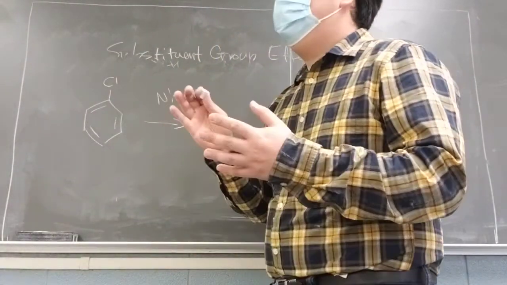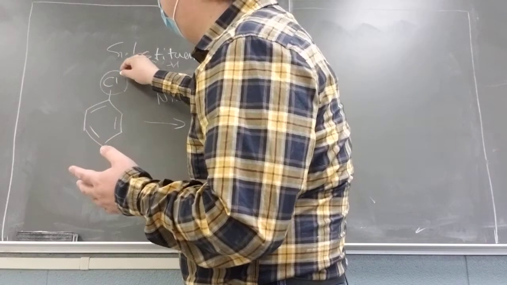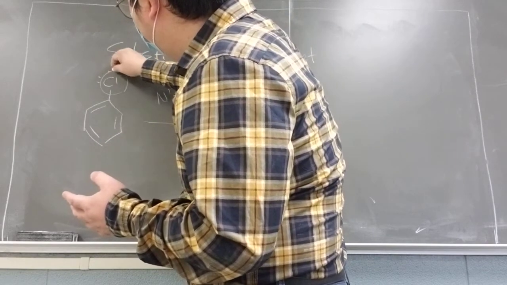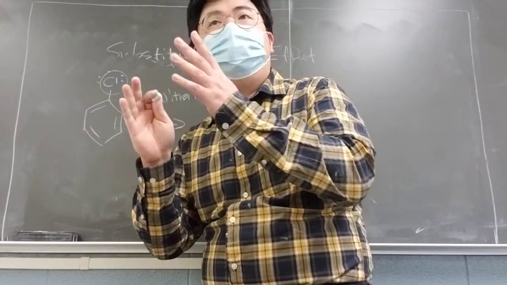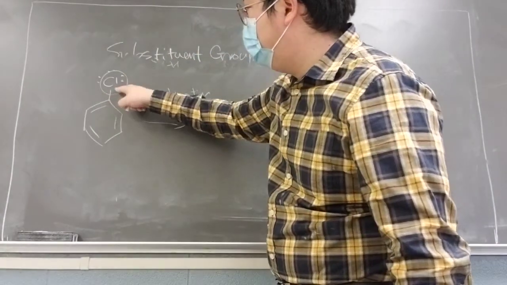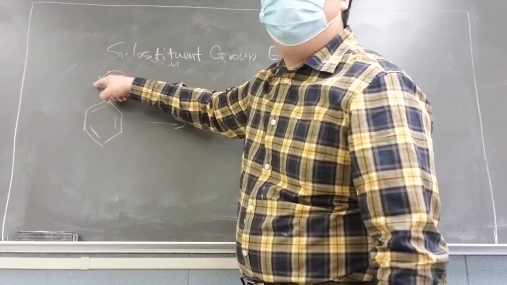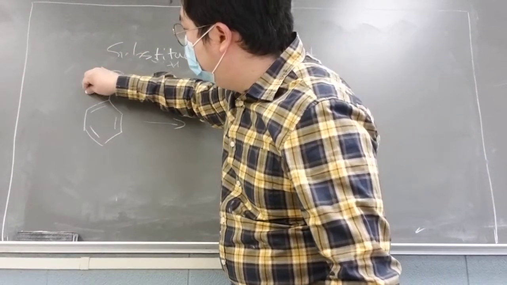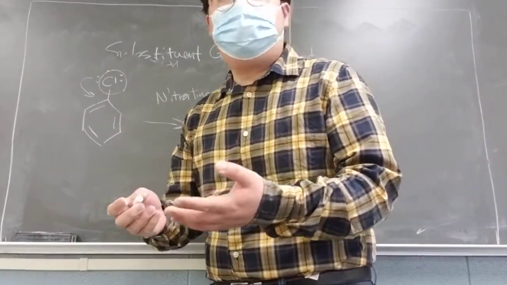There's one thing I want you to remember: this has 3 lone pairs. Do you know why now, right? It's a halogen with 7 valence electrons. There's a single bond there, so there'll be 3 lone pairs here. So those lone pairs can be easily donated over there. So this is what we call an electron donating group.